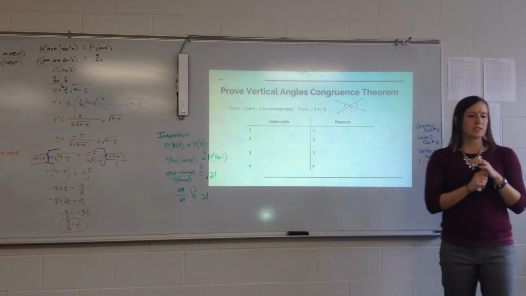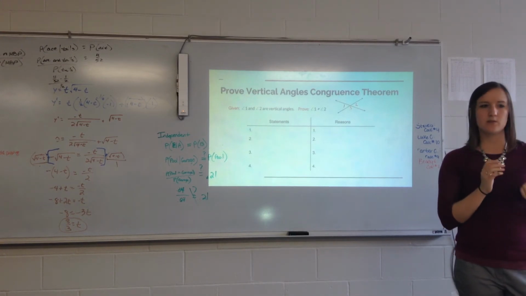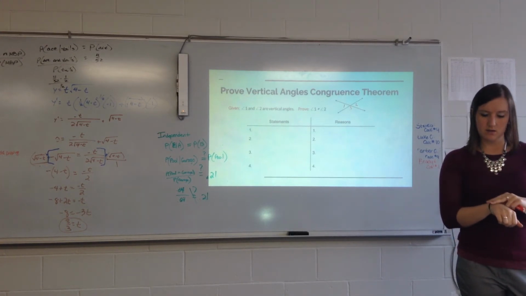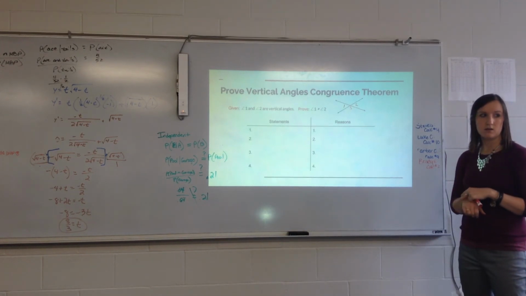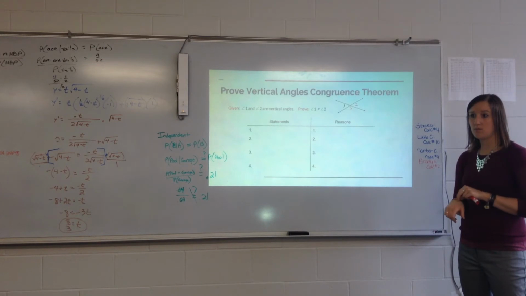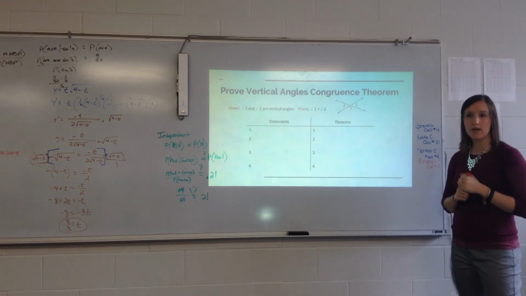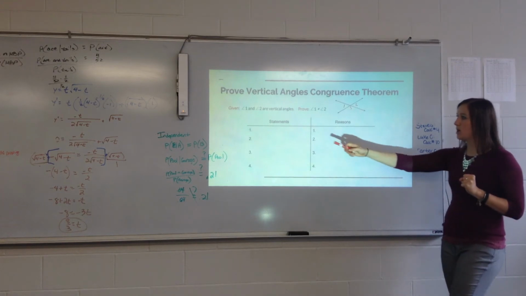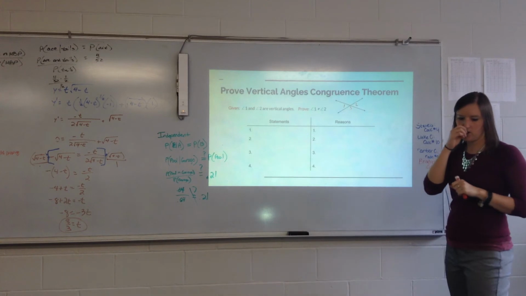Vertical angles congruence theorem tells us what? What does that theorem say? Vertical angles are congruent, correct? Everybody agree? Yeah. So we need to prove that those are congruent. Angle 1 and 2 are congruent. So where do we start? We know that angle 1 and angle 2 are vertical angles.